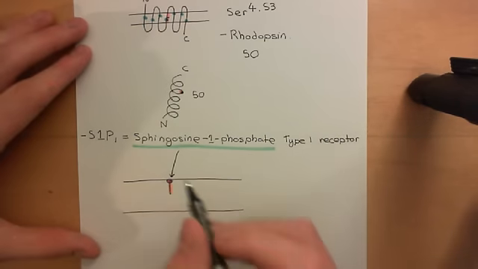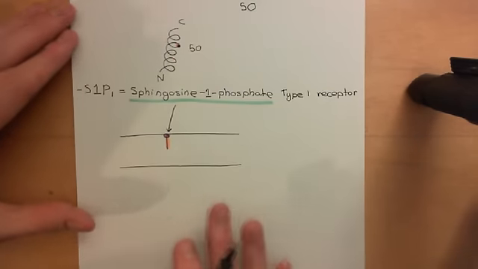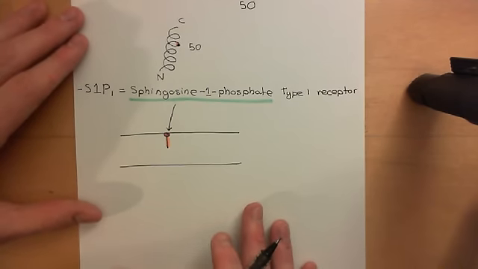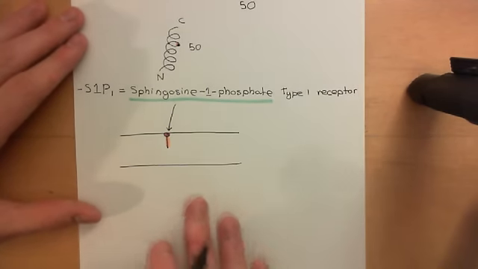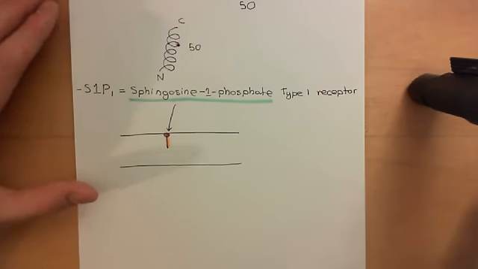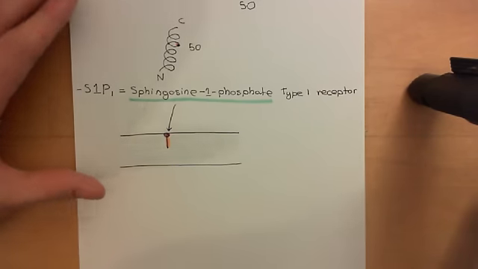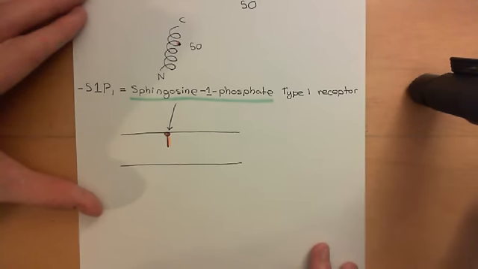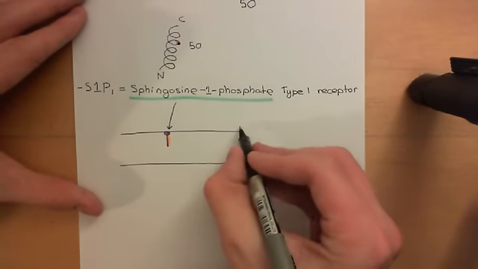So it's a phospholipid that you can find little bits of occasionally in the phospholipid bilayer. Okay, right. Now, there is a receptor then for sphingosine 1-phosphate present in the phospholipid bilayer, and this is known as the sphingosine 1-phosphate type 1 receptor, and it's an example of a rhodopsin family G protein coupled receptor.